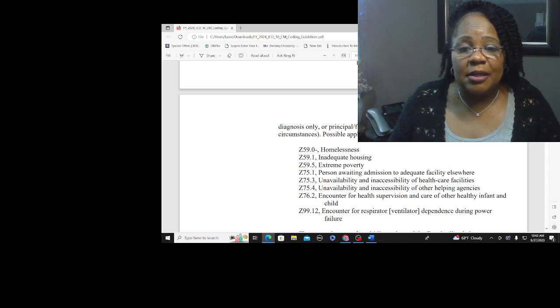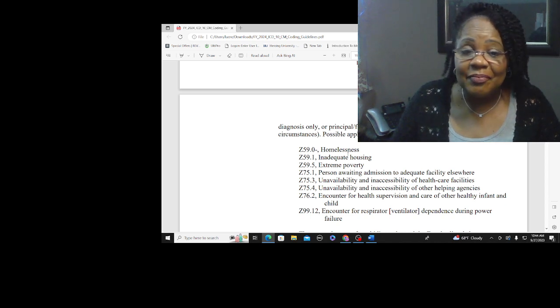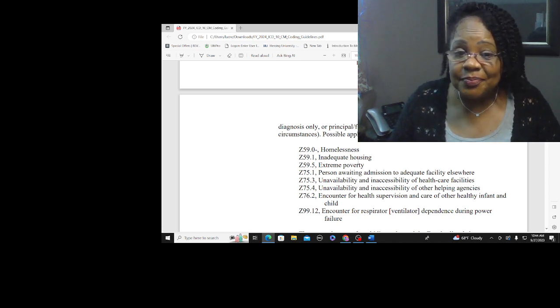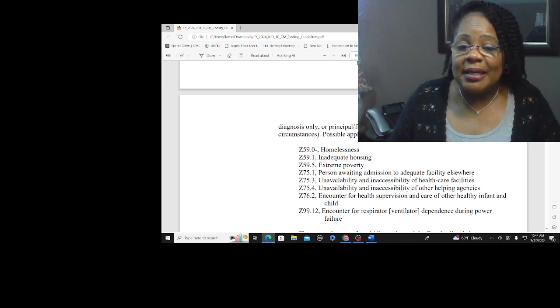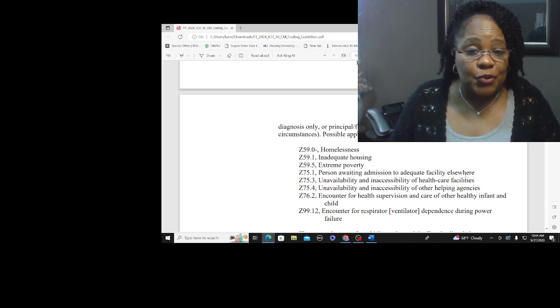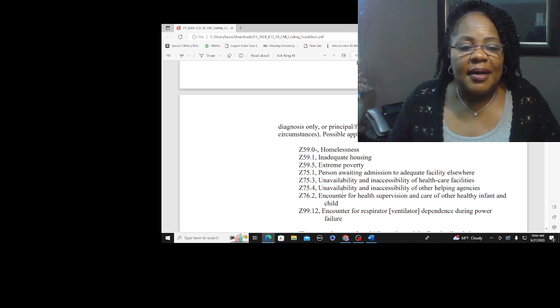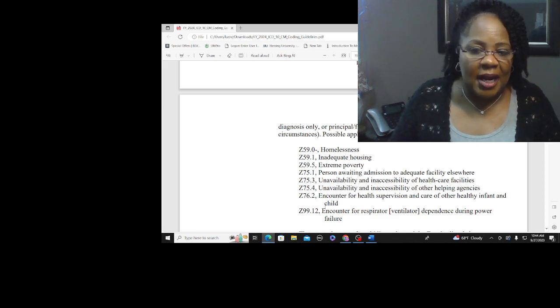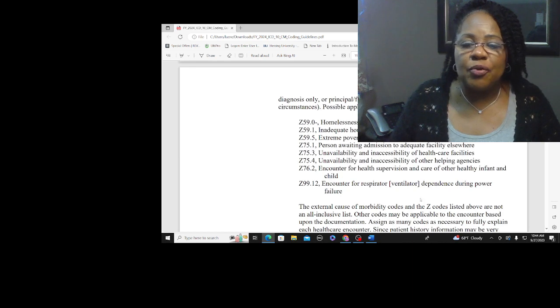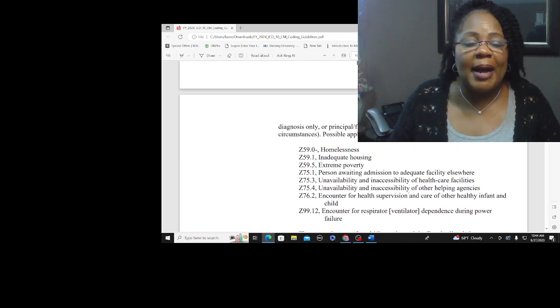Possible applicable Z codes include homelessness, inadequate housing, extreme poverty, persons awaiting admission to an adequate facility elsewhere, unavailability and inaccessibility of healthcare facilities, unavailability and inaccessibility of other helping agencies, encounter for health supervision and care of other healthy infant and child, encounter for respiratory or ventilator dependence during power failure.